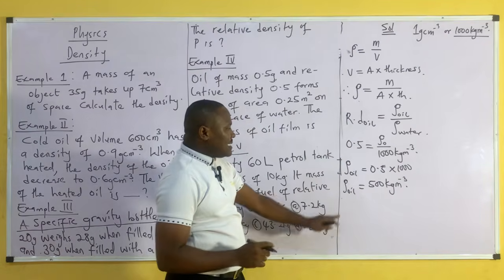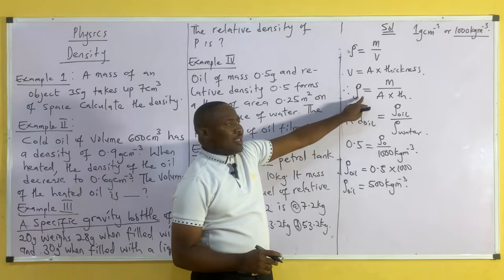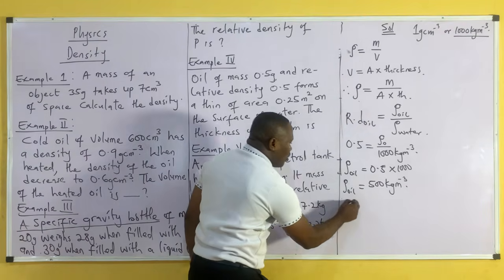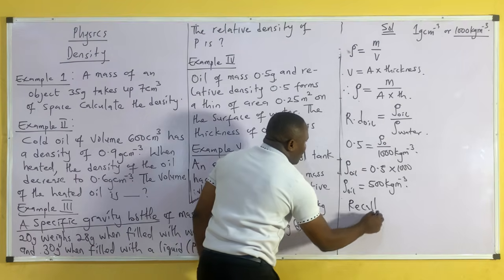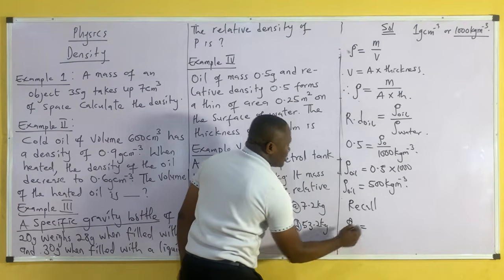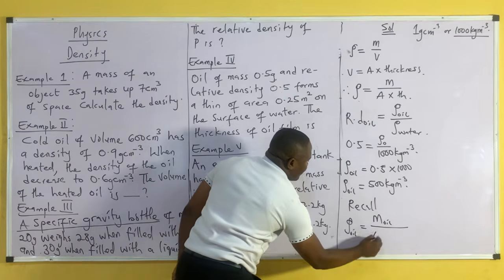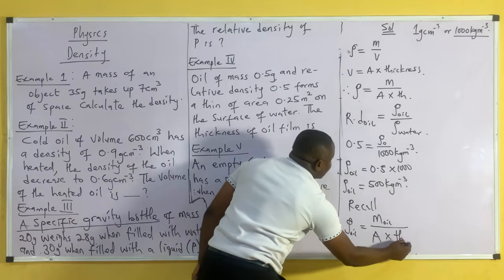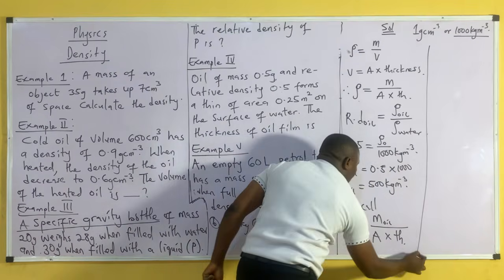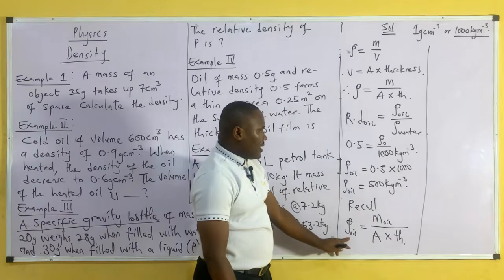Now, having gotten the density of oil, I can apply the formula. So recall: density of oil is equal to mass of oil over area times thickness. So what is our density of oil? The density of oil is 500.